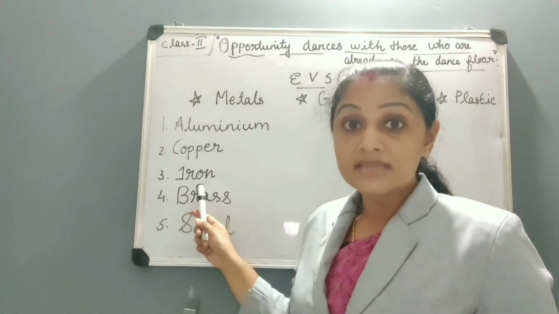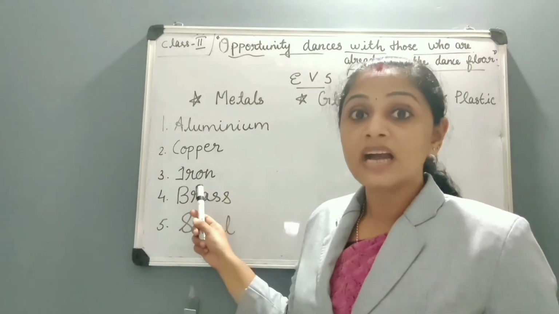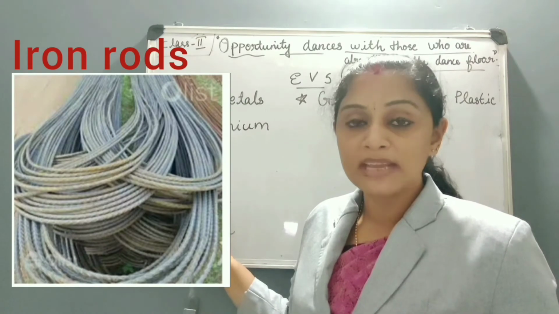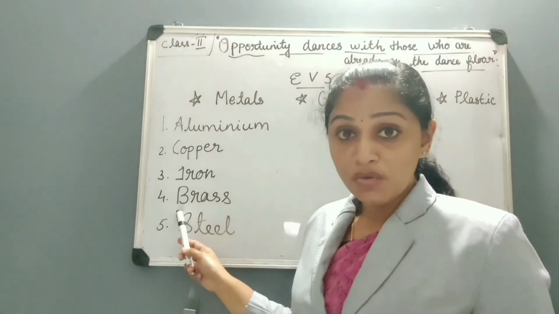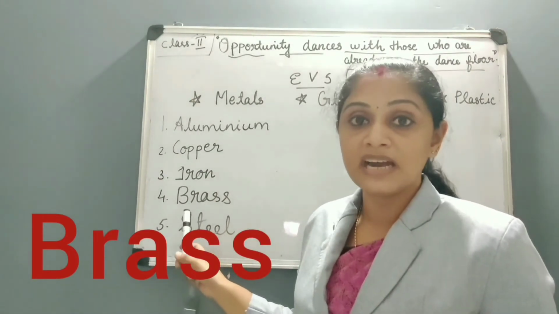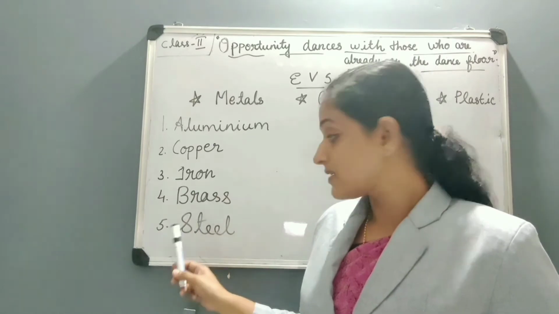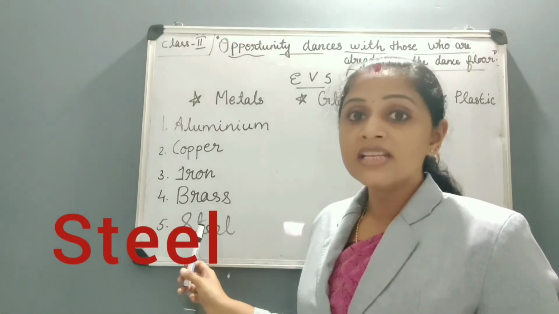Then next one is iron. This iron, or iron rods, are used for making buildings. Then the fourth one, brass. B-R-A-S-S, brass. Then the fifth one, steel. S-T-E-E-L, steel.